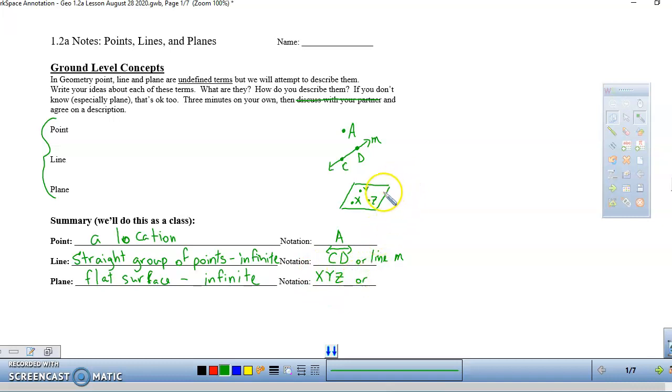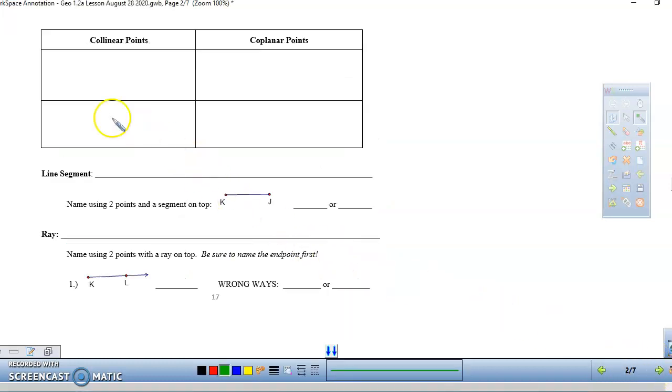Okay, sometimes you will see a random letter in the corner without a point next to it. So sometimes you'll name it with just that letter in the corner, and you would just say plane Q. Okay, if at any time you need to pause, that would be fine. So just pause and then take a minute to write everything down.